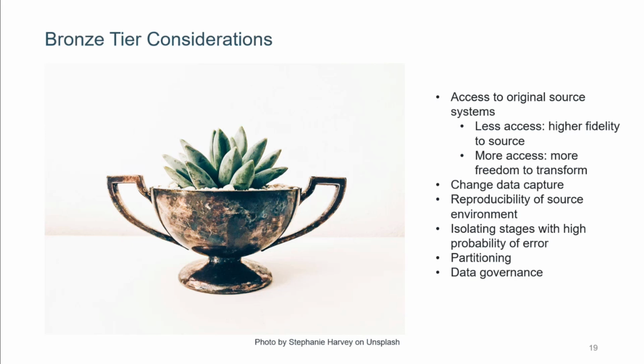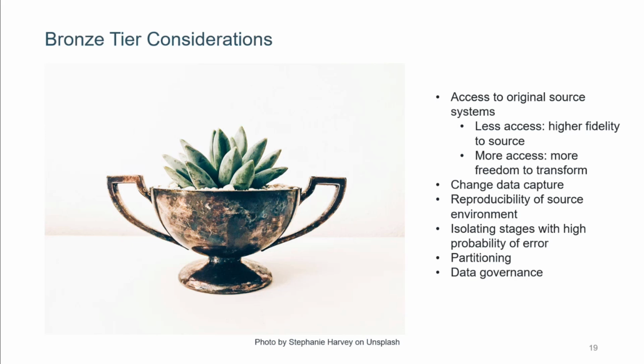So a couple of considerations for the bronze tier is how much transformation do you want to introduce at this step? You may want to not introduce any transformation at all, and you may want to have a little bit to just ease the pipeline later on.